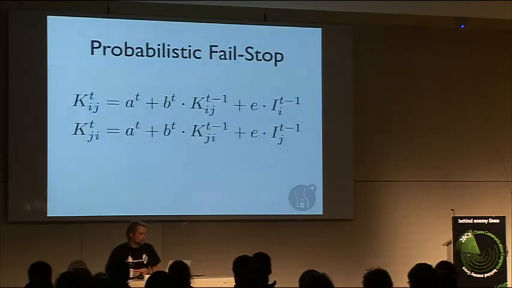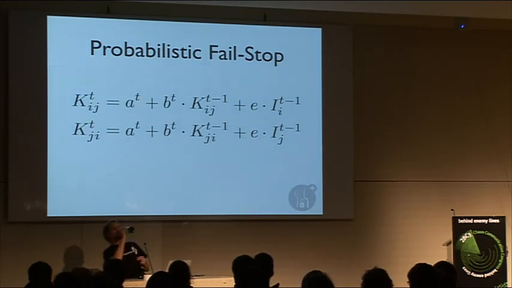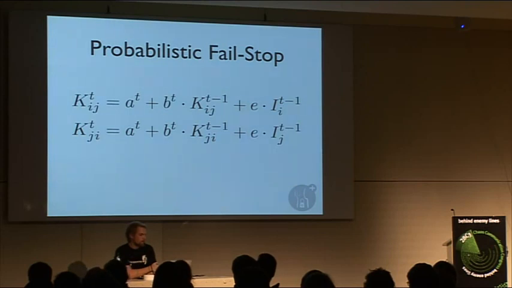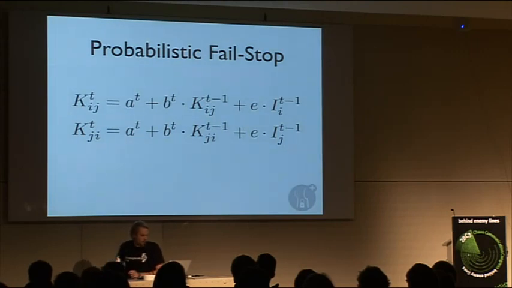So this is the probabilistic fail-stop. A key at the time of round number t between participants i and j would consist of a random key for the time t, and also another random number for the time t, which is b, and the key from the old round plus e, which is a secret exchange constant.